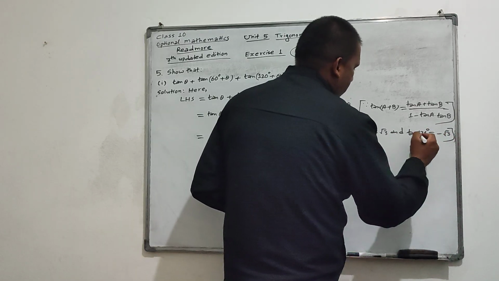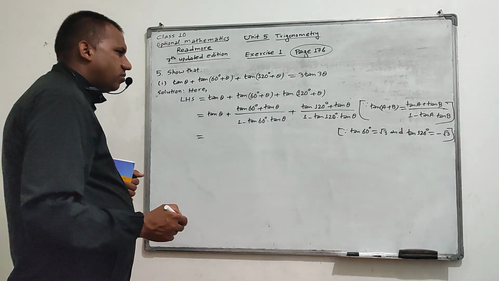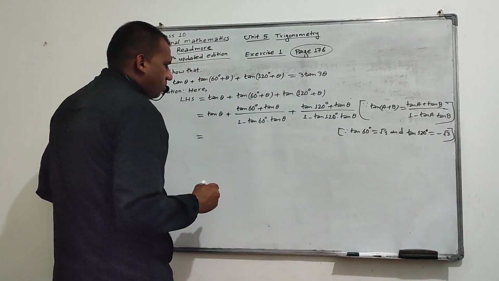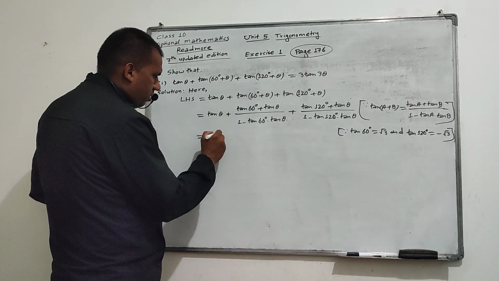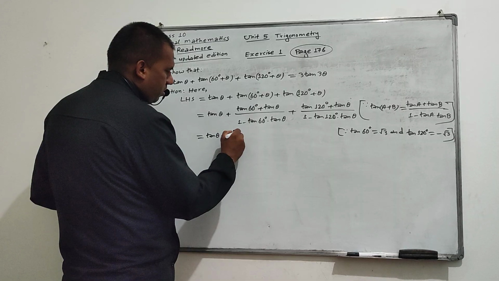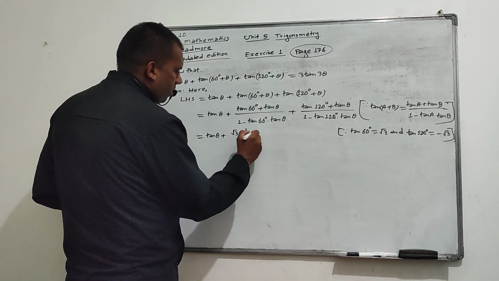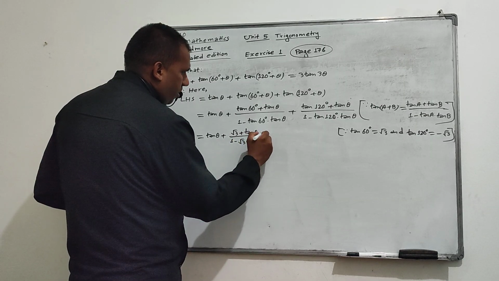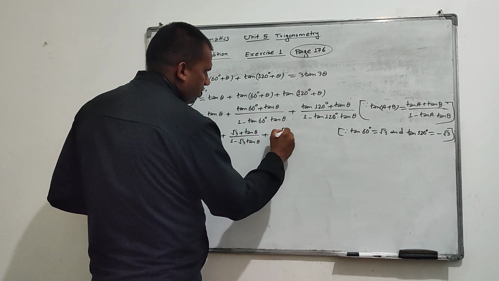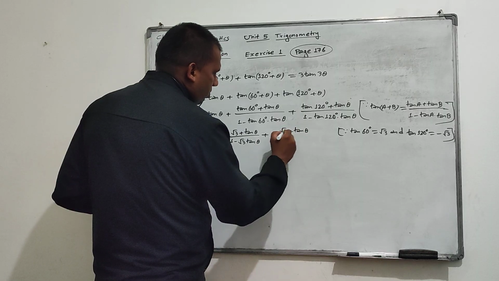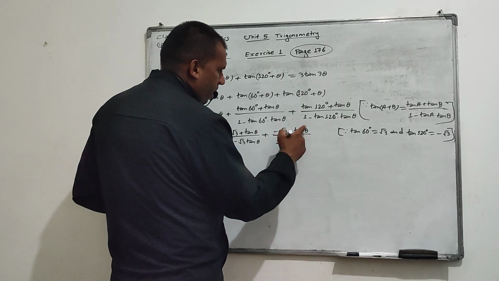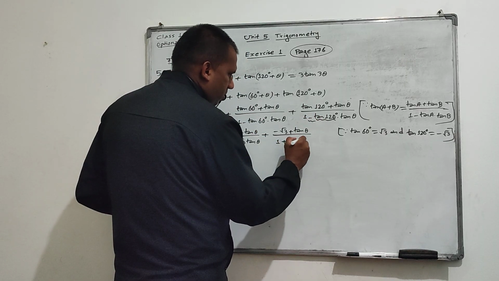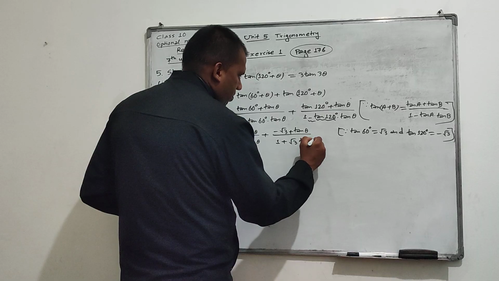Tan 120 lies in second quadrant, so tan is negative. Now putting values, we get tan theta plus root 3 plus tan theta all upon 1 minus root 3 tan theta, plus minus root 3 plus tan theta all upon 1 minus into minus root 3, double minus plus, root 3 tan theta.